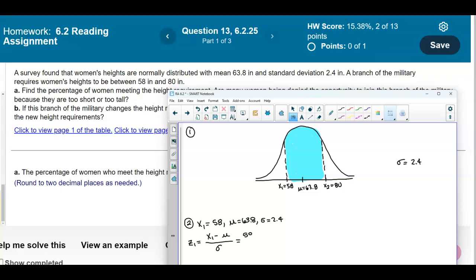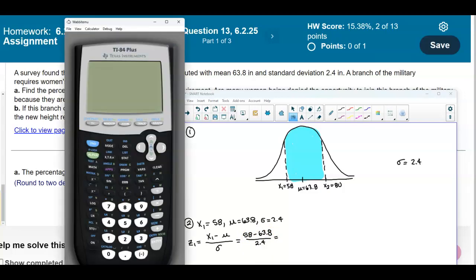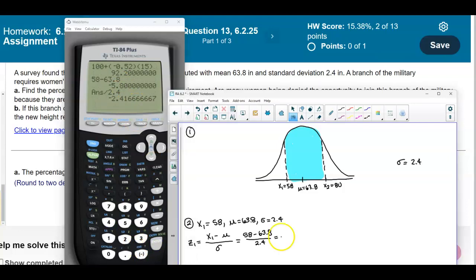So we have 58 minus 63.8, divided by 2.4, and that gives us negative 2.42 rounded to 2 decimal places.